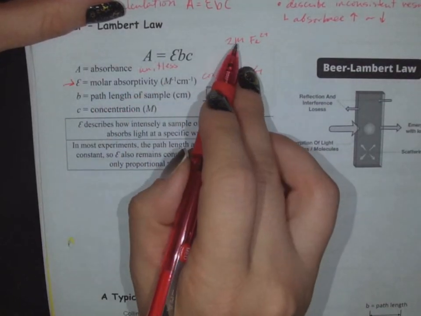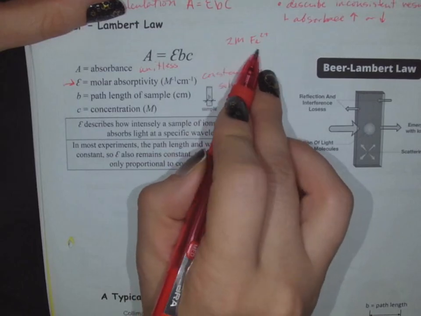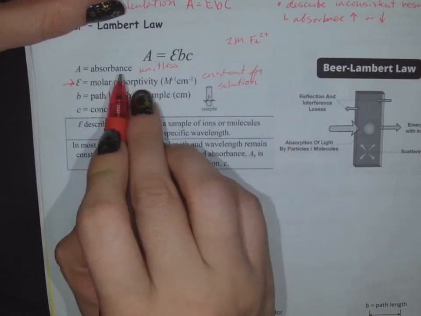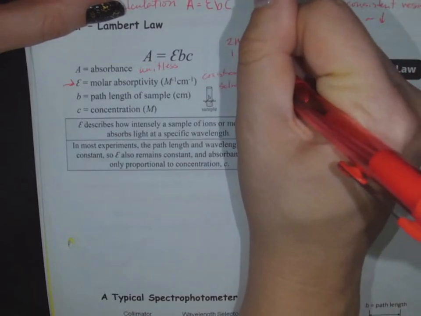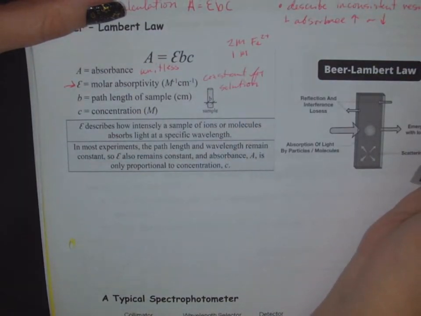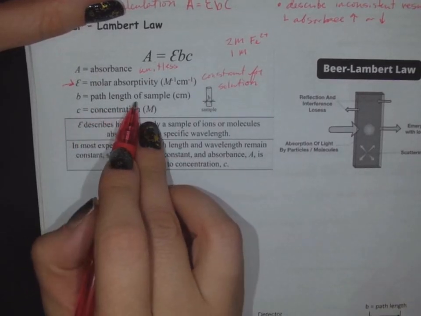The concentration can change, but as long as it's an iron 2 solution, the molar absorptivity stays the same, even if we dilute it and now it's half as much as it was before. B is path length.